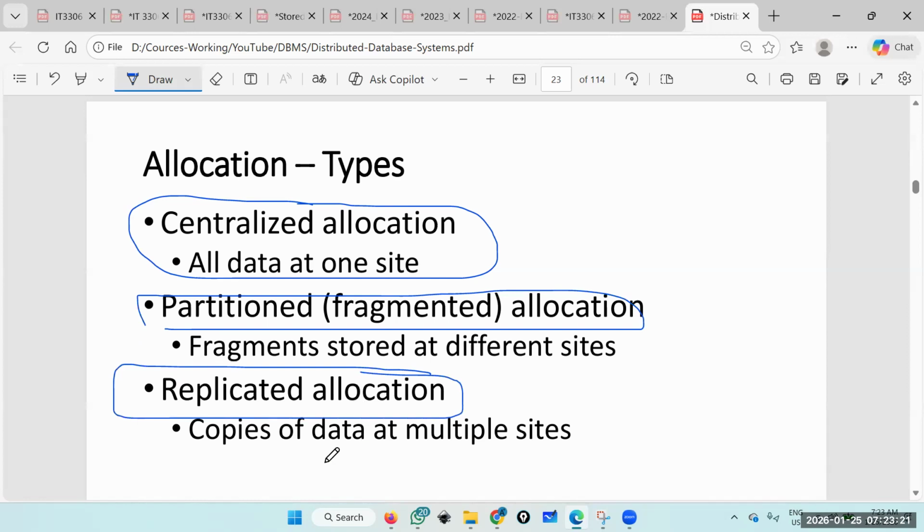Maybe those tables and data are in X, Y, and Z, or in all the sites or some sites. So we can partition, we can replicate, or we can use both, a bit of partition and a bit of replication. Actually, in reality, we use both.